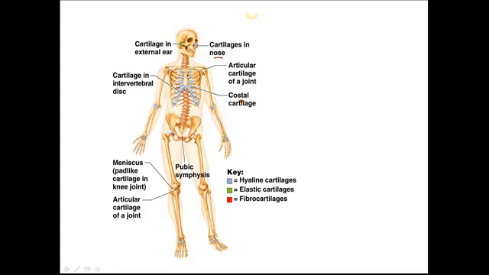So the costal cartilages are all of these, and they connect your ribs to the sternum, and they allow for flexibility when you breathe. Okay, so the pubic symphysis between your pubic bones is fibrocartilage. And what else? Oh, the cartilage in the external ear, elastic. And that's about it. Okay.